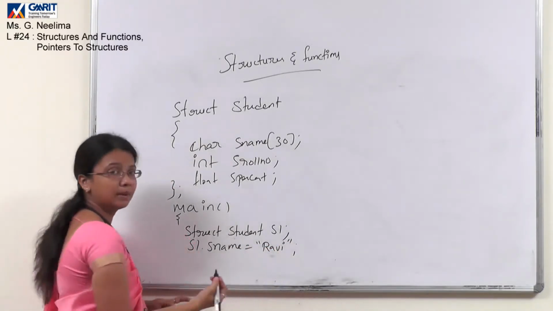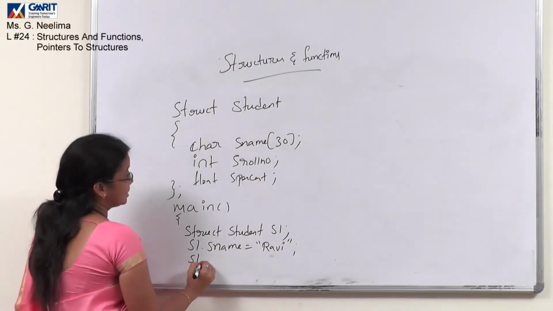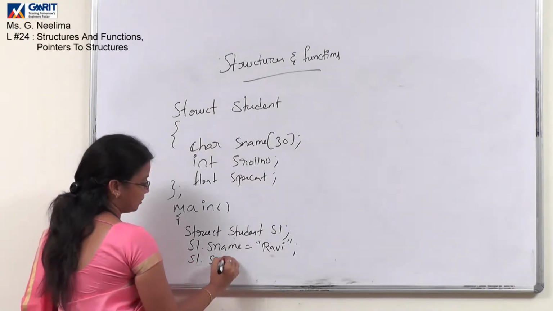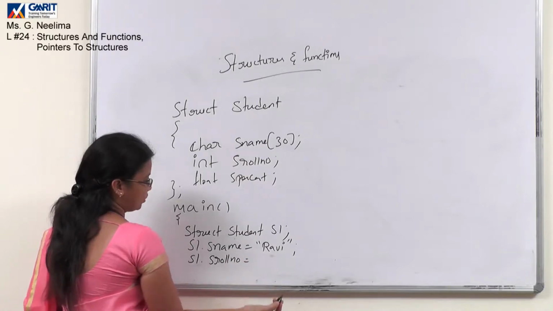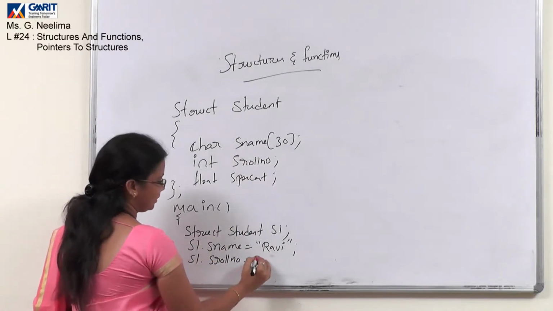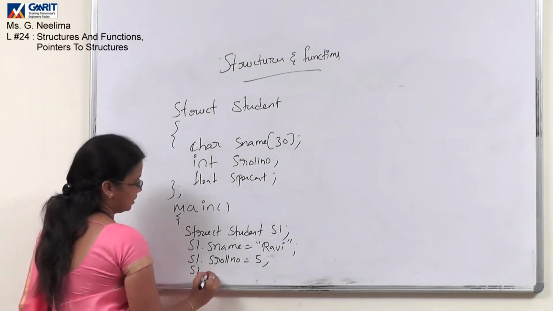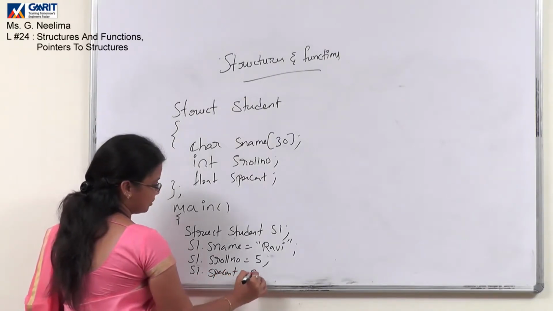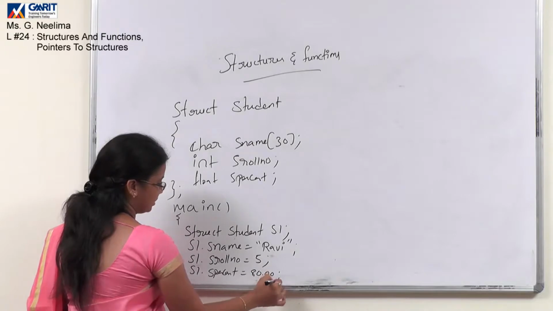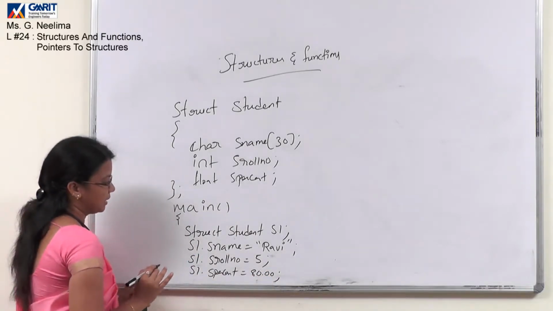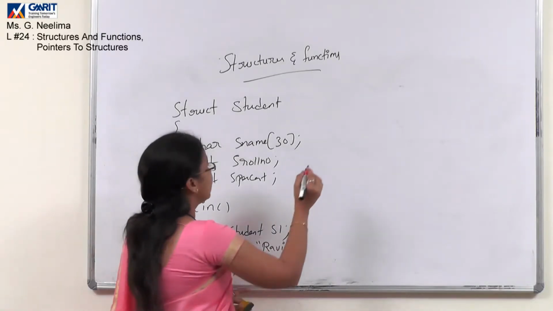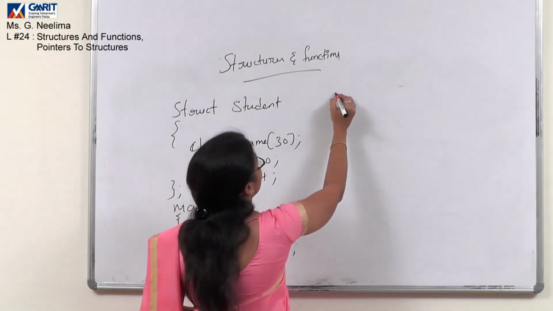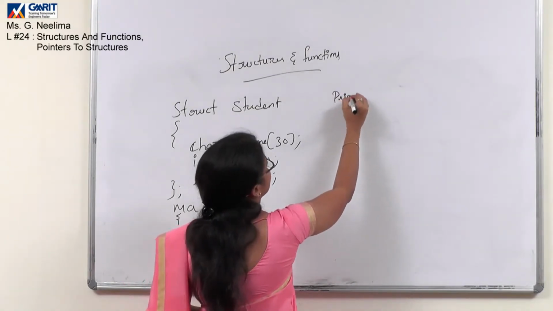Here I am directly initializing the values. s1.s_roll_number equals 5. s1.s_percent equals 80.00. These are the values I am taking here, and here I am calling one function called print.